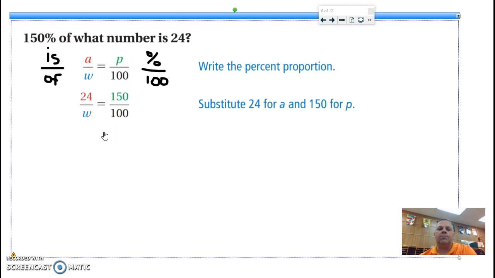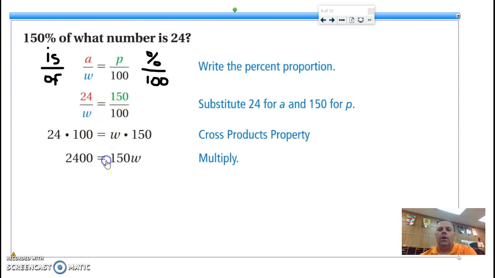When I cross multiply, I take 24 times 100 equals 150 times W. Multiplying 24 times 100 gives me 2,400. Multiplying this gives me 150W.